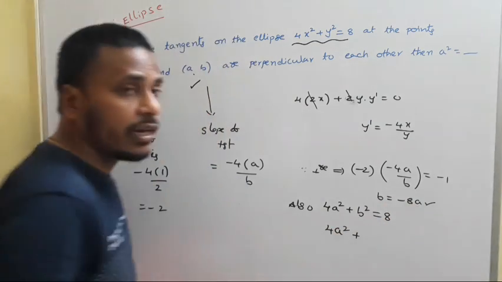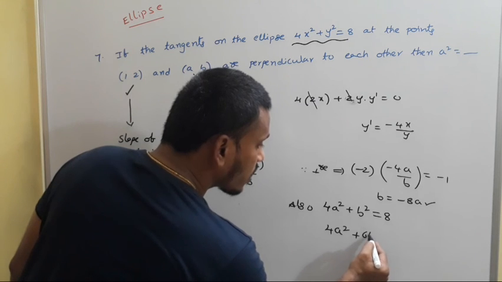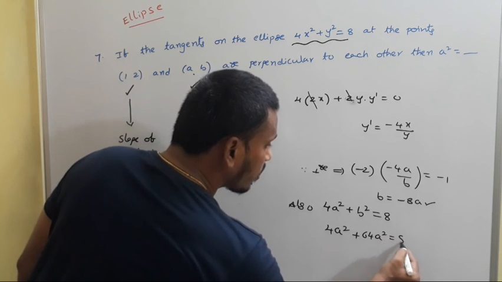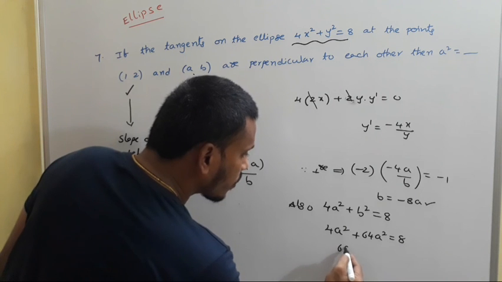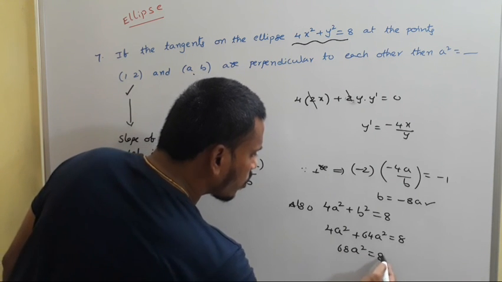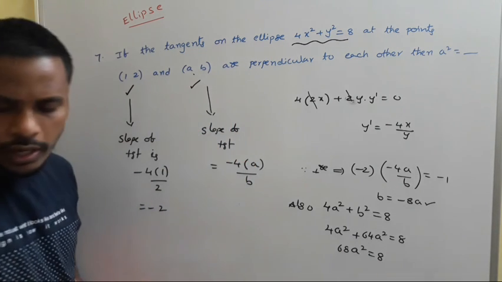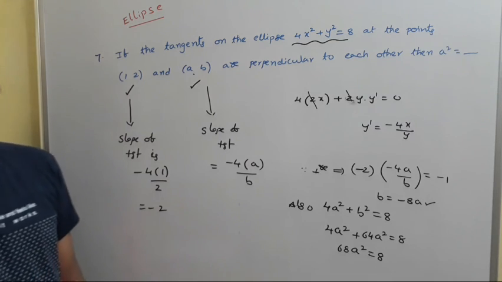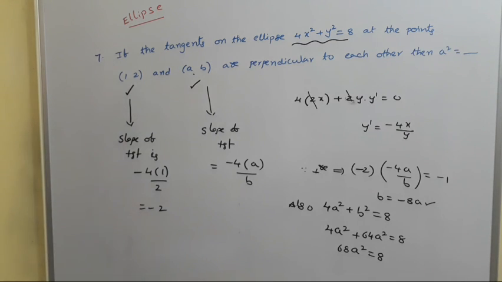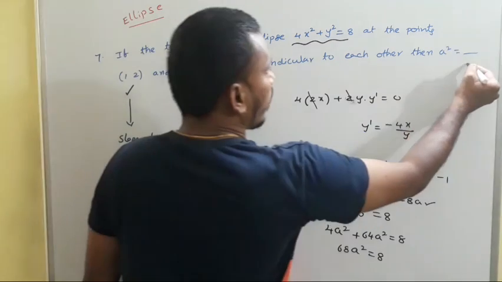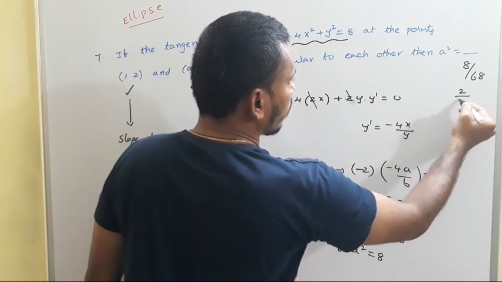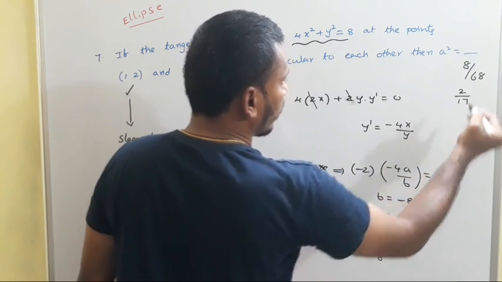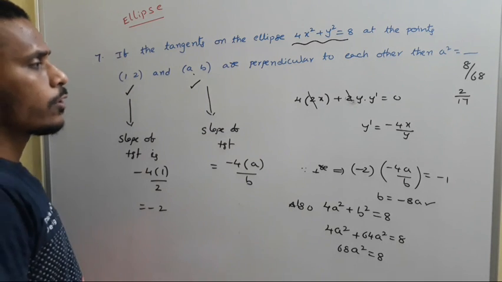B is minus 8a, so b square is 64a square. So 68 a square is equal to 8, and a square is equal to 8 by 68. If we cancel out, that will become 2 by 17. So that is a square.